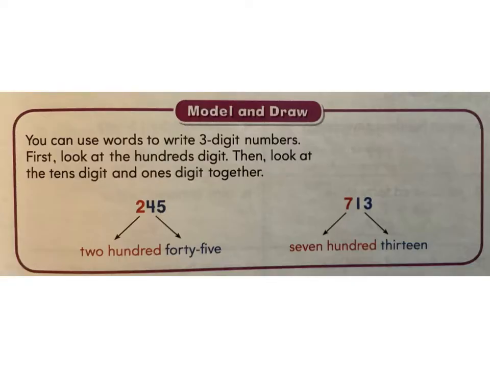Look at the top of the next page at the model and draw box. It says, you can use words to write 3-digit numbers. First, look at the hundreds digit. Then, look at the tens digit and ones digit together.